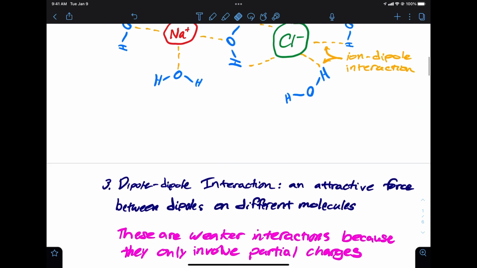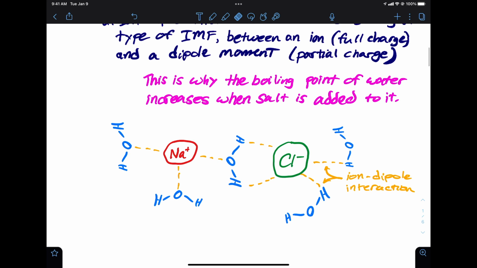By the way, I didn't mention, I've got it written here, but this is why the boiling point of water increases when you add salt to it, right? When you cook, say, pasta, you're supposed to put salt in the water. It not only adds flavor, but it lets the water get hotter before it boils. By adding salt to water, you increase the boiling point.